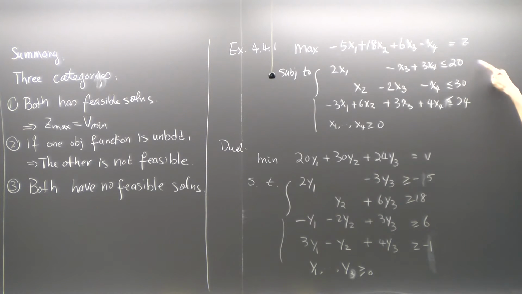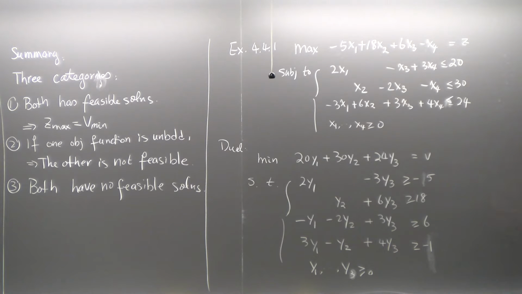I'll need to add slacks x5, x6, x7 to make this an equal sign. After adding those three slacks, these three slacks can be used as basic variables, and I have it in canonical form. I can already solve it. Is it clear? I will not write out the canonical form before I punch it in LP Assistant.